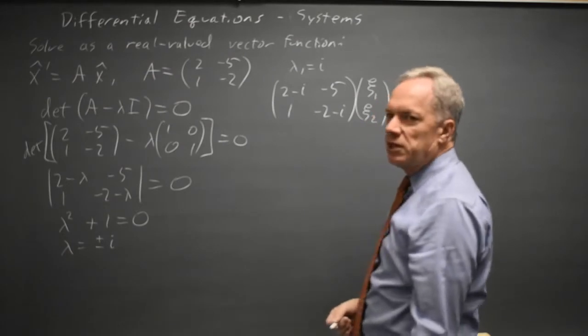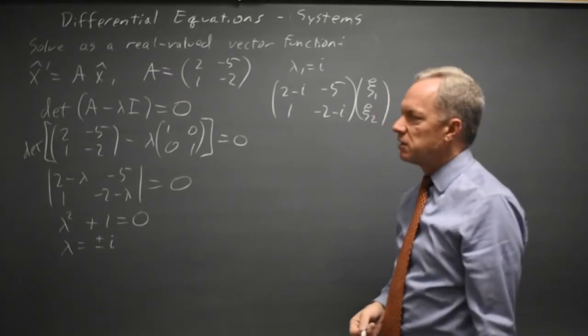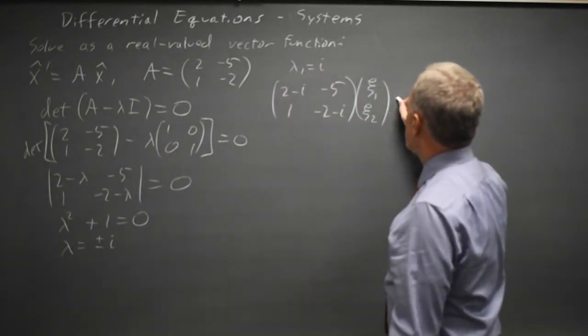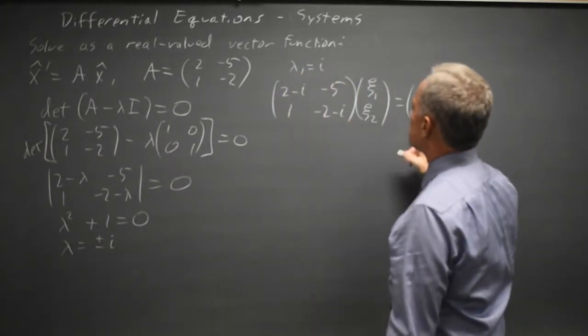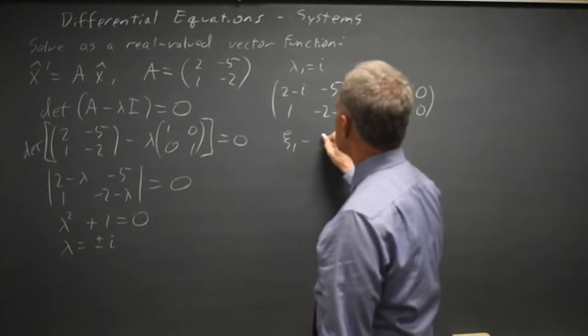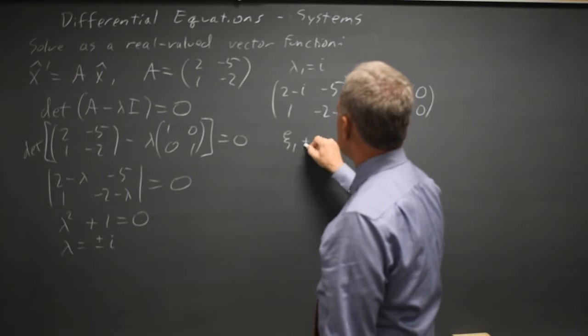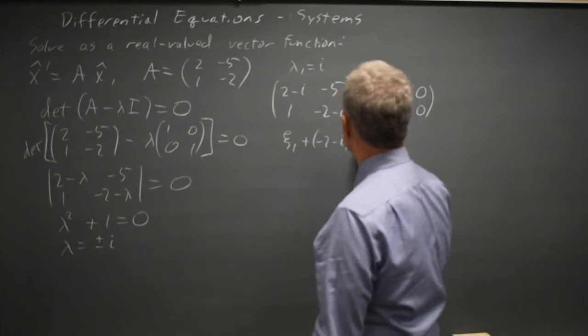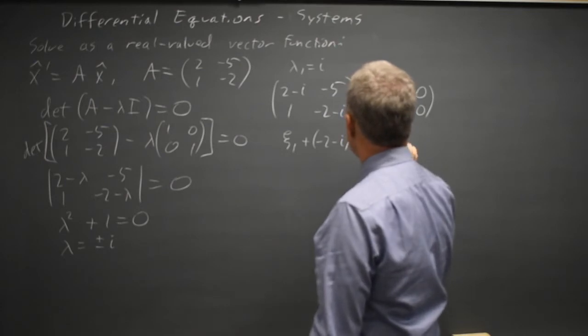I'm using the Greek version of x, xi, rather than x, because x is the actual solution. And that product equals the 0 vector. The second row gives me 1 times xi1 plus negative 2 minus i, xi2 equals 0.